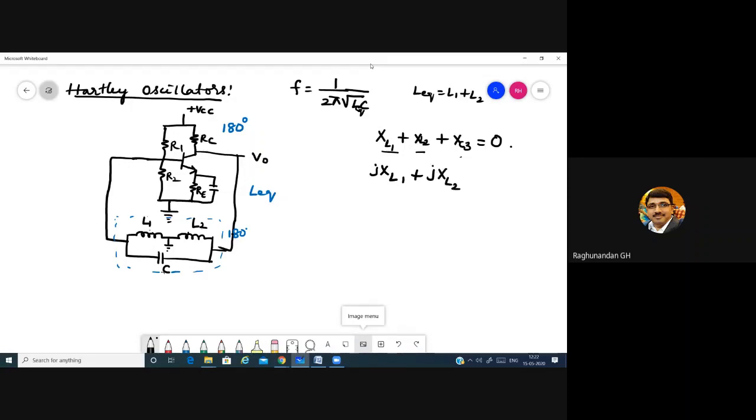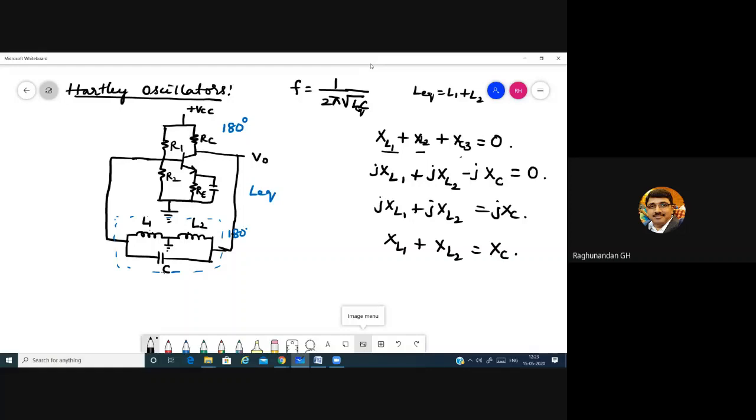For the reactance of the capacitor, we take the negative imaginary term, minus jXC, and the sum equals 0. Since we have jXL1 plus jXL2 equal to jXC, we can eliminate the j factor by taking it common. So XL1 plus XL2 is equal to XC.